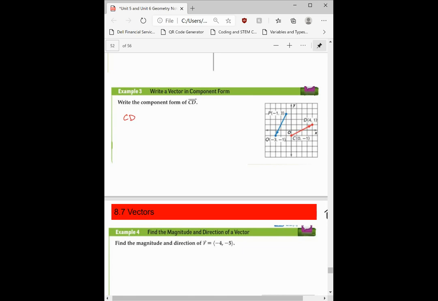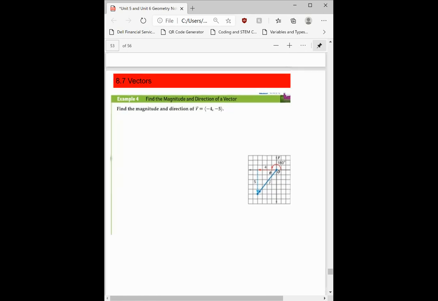So that's what we're going to do. Looking at our graph, x2 is 4 minus x1, which is 0. y2 is 1 minus y1, which is negative 1. So we have 4, 2. That's our answer. Let's look at example 4.